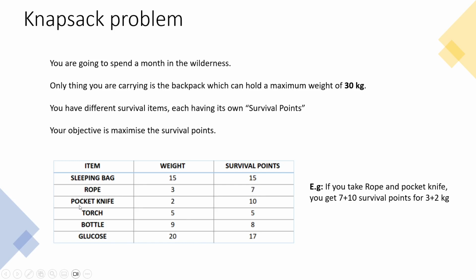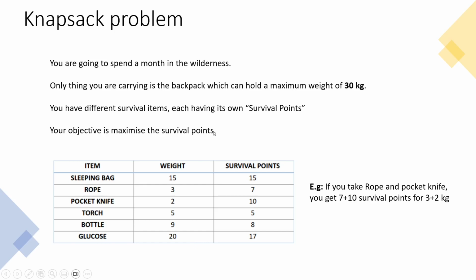Here we have a pocket knife, which is pretty light. It's 2 kilograms, but it has a pretty high survival point. Logically, if you would like to survive, and you can only carry 30 kilograms, it's a much better idea to take a pocket knife than, for example, glucose. Okay, that's the knapsack problem.